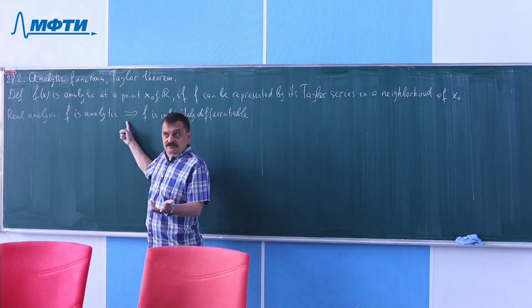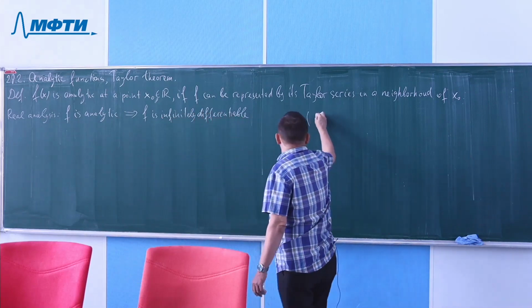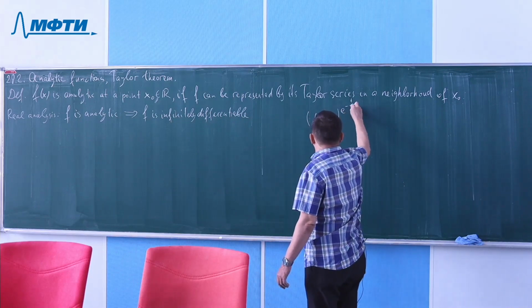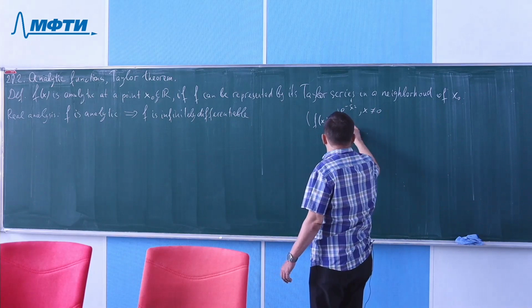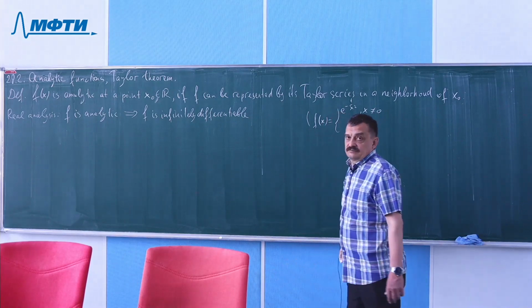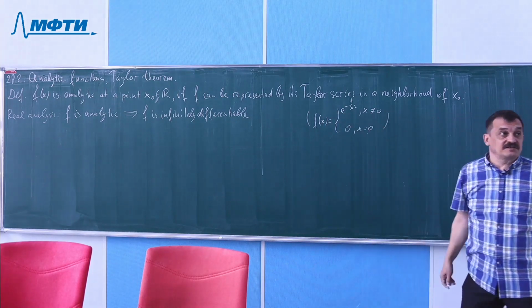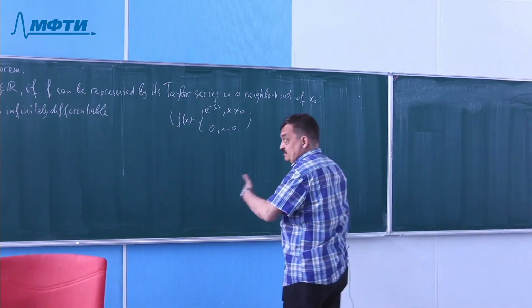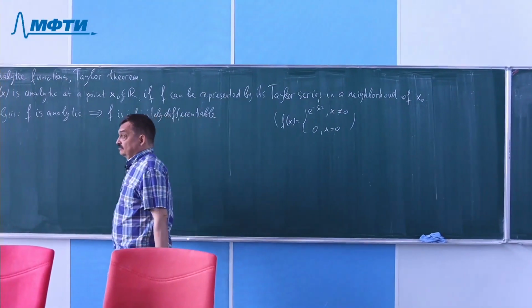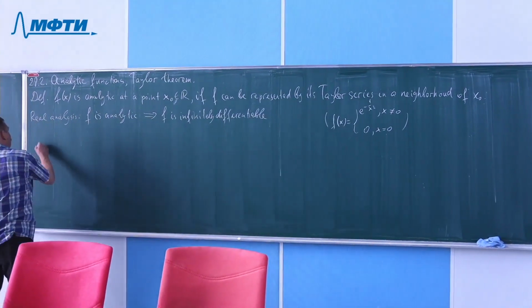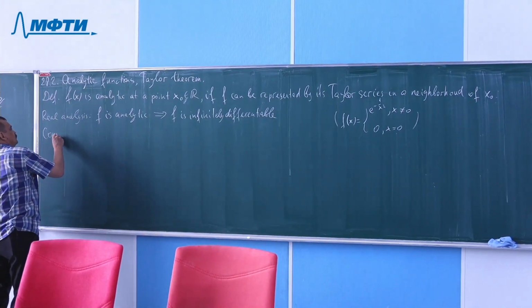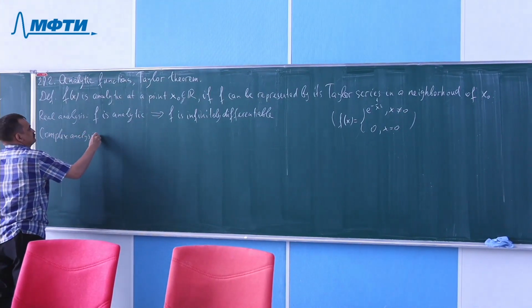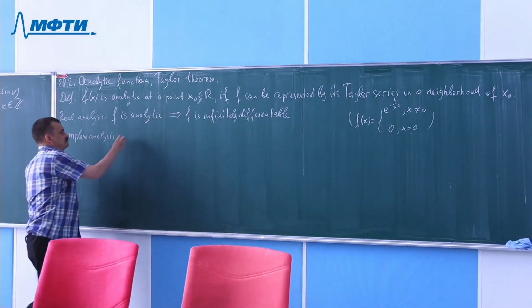There was an example, you remember, f of x equals e to the power minus 1 over x squared for x not equal to 0, and 0 for x equal to 0. The function is infinitely differentiable, but not analytic, because its Taylor series is identically 0. So it cannot be represented. But for complex analysis, as you will see later in the complex analysis course, that is quite different.